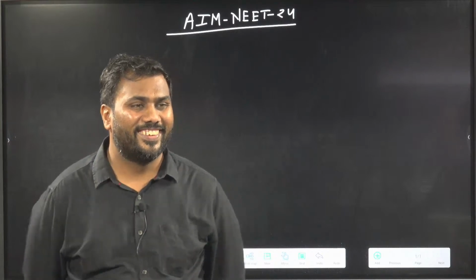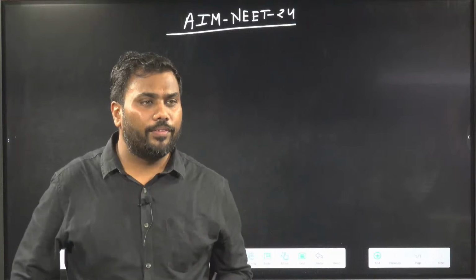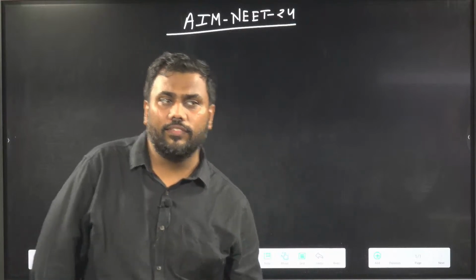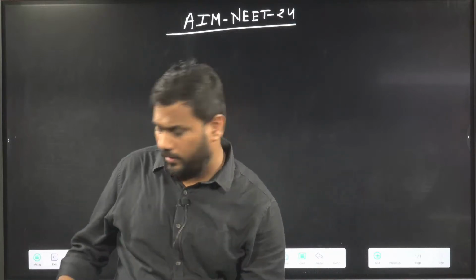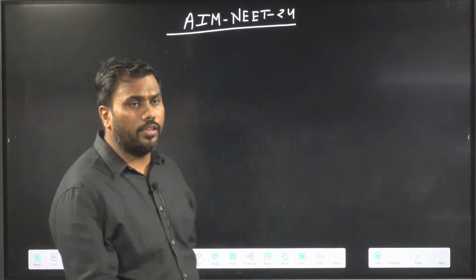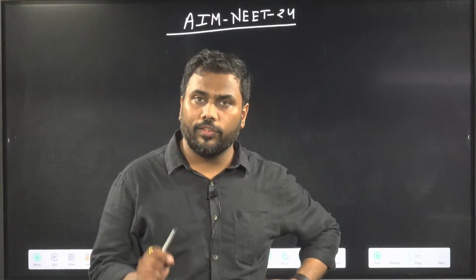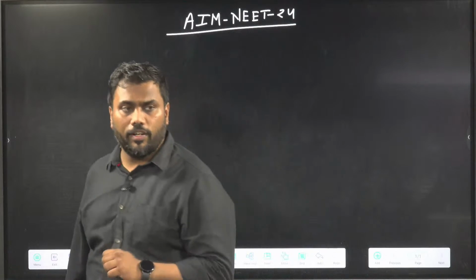So, what did we cover in the previous class? I think we were covering the dot product of vectors, isn't it? We have covered the dot product and the properties of the dot product. All properties were covered or not?